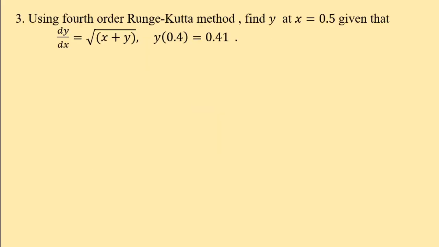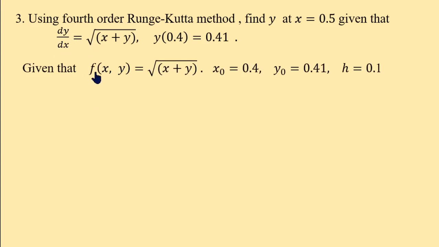Using the fourth order Runge-Kutta method, find y at x equal to 0.5 given that dy by dx is root x plus y and y at 0.4 is 0.41. x naught is 0.4, y naught is 0.41. The increment of x is here 0.4, here 0.5, so the increment of x is 0.1 and hence h is 0.1.